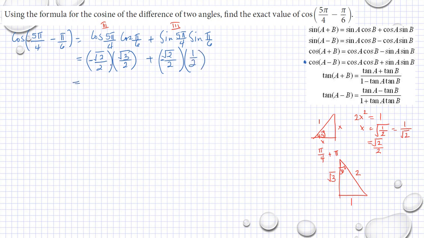Then we have negative square root of 6 divided by 4 minus square root of 2 divided by 4. So the answer is negative square root of 6 minus square root of 2, all divided by 4.